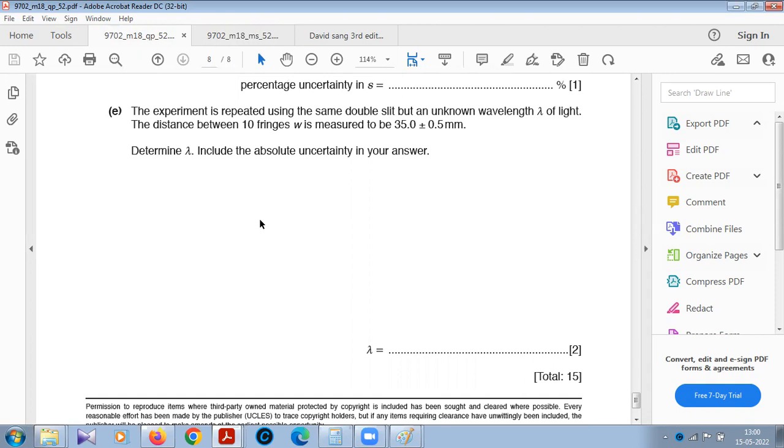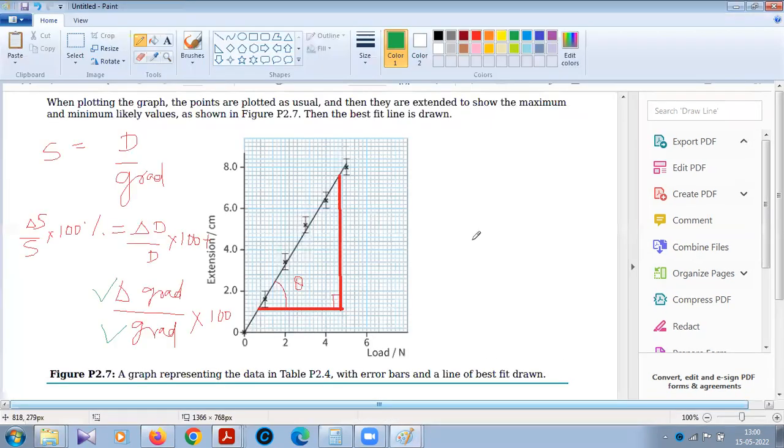How can we find it? We will use that relation again. P is equal to D by S into lambda.